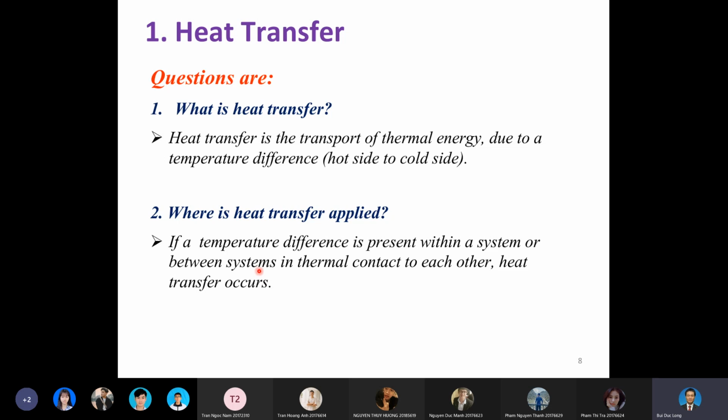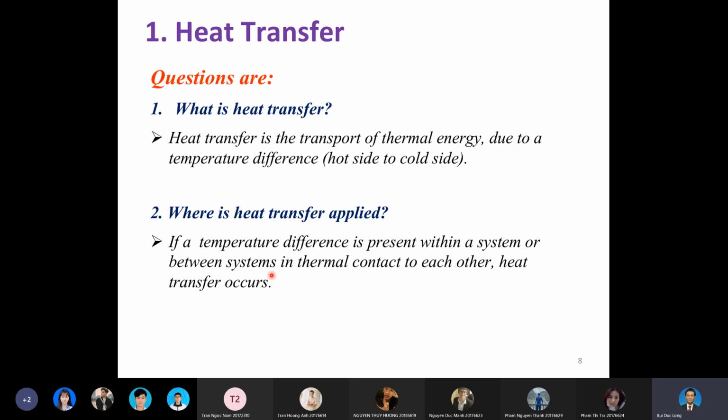For example, you have two different steel bars, but they are in contact, and both of them have a different temperature. So the heat transfer will also take place. That means between systems.